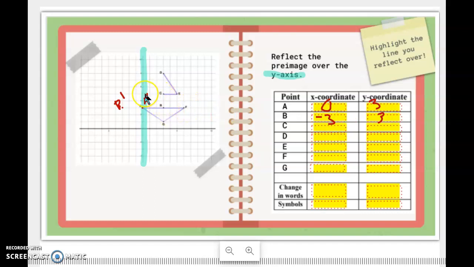C is exactly 3 boxes away from the y-axis. So C prime is actually going to still be 3 boxes away from our y-axis. So C prime will be at -3, 5.